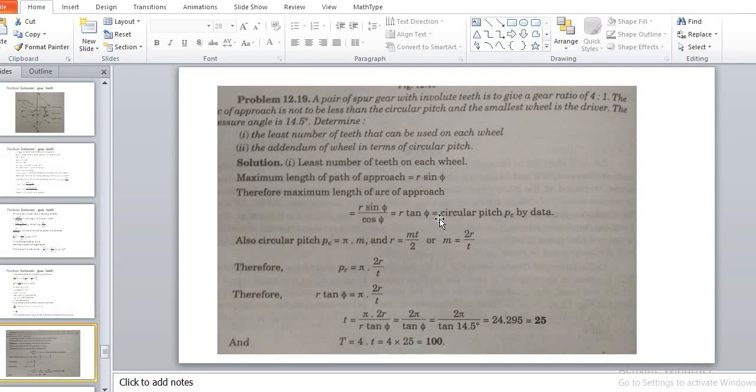And this we can equate to the circular pitch PC, which is given in this data.